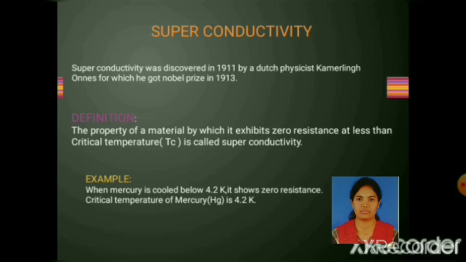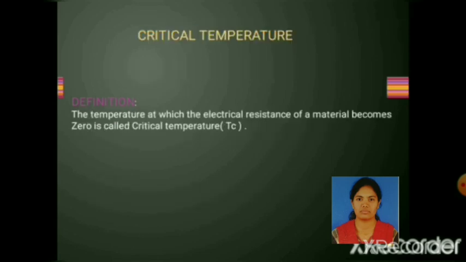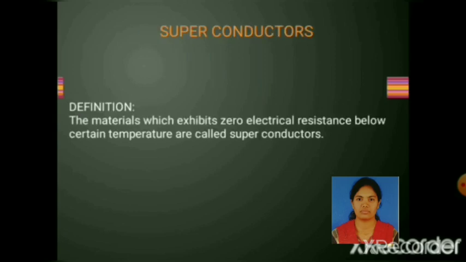And this property of mercury is known as superconductivity of mercury, because its resistance is becoming 0. Now what is critical temperature? The temperature at which the electrical resistance of a material becomes 0 is called critical temperature. When the electrical resistance of a material becomes 0, we can say that the temperature is the critical temperature.